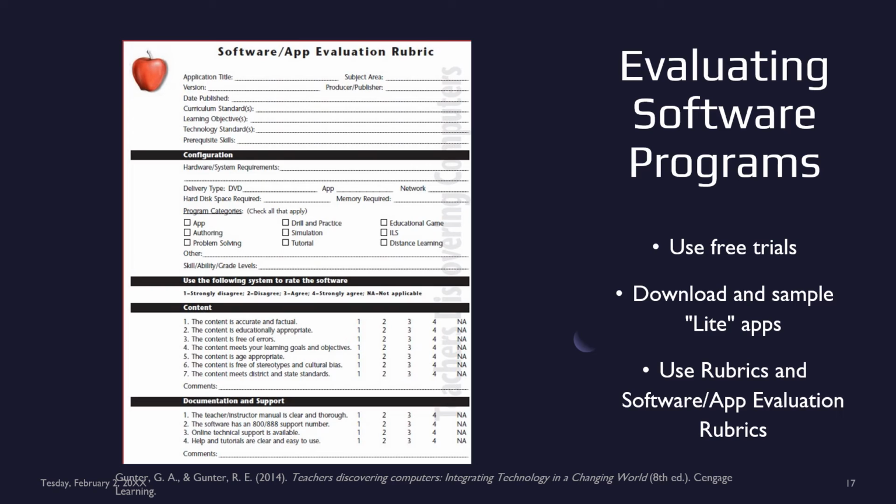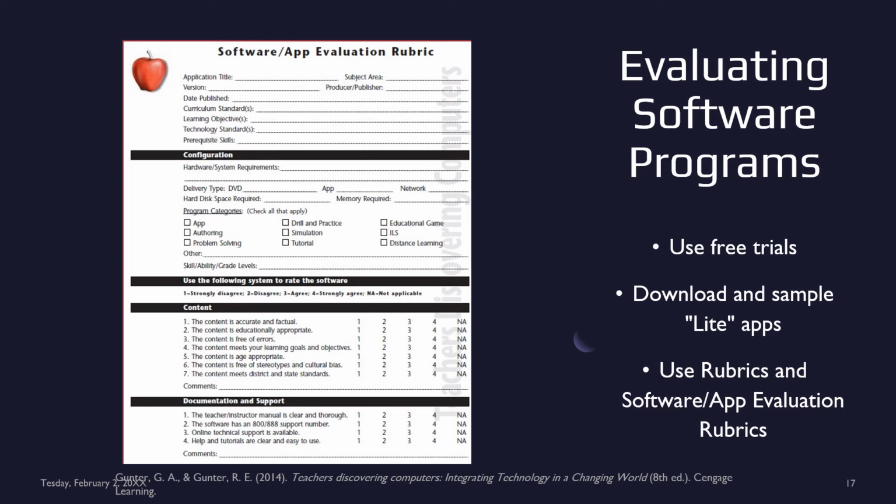Evaluating software programs. When evaluating software programs, you will use the software app evaluation rubric. In this rubric, you will fill out your main information, your configuration information, and the rating the software section.